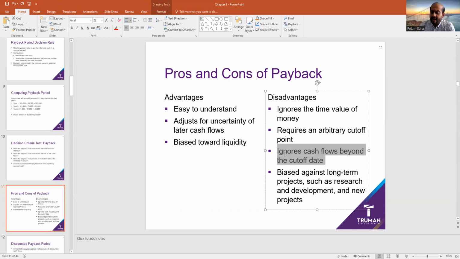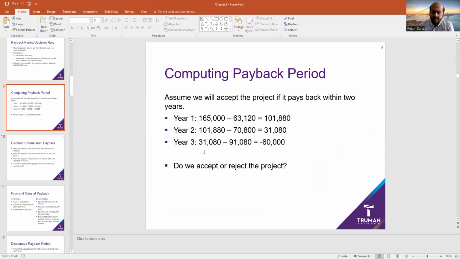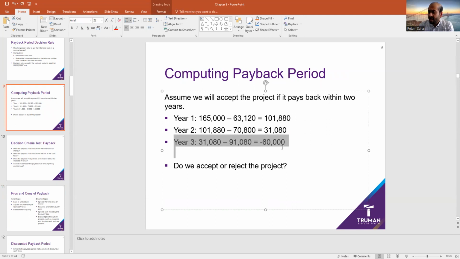And it ignores the cash flows beyond the cutoff date. Most of the cases, this proxy works in a way like how long it's going to take to return your initial investments. So that means for this example, in the middle of year 3, you are going to get your initial investment back, right?